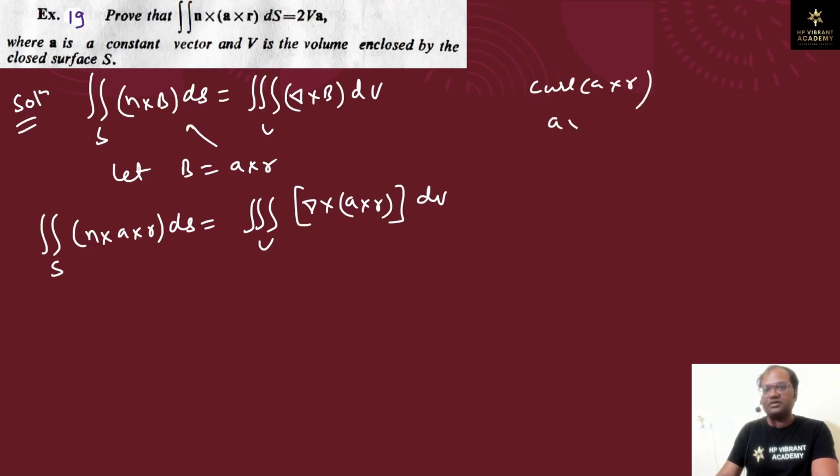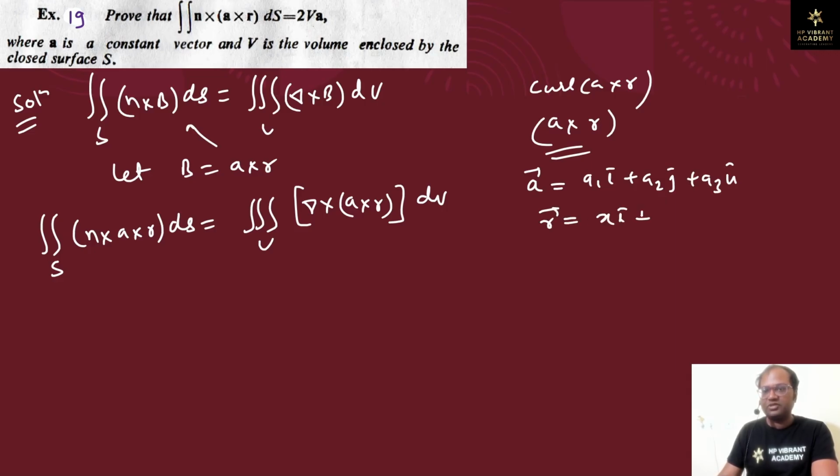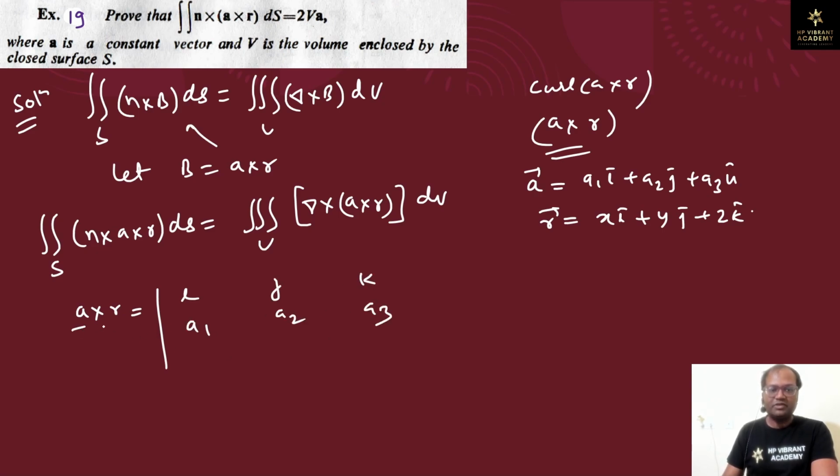Now let us find the curl of a cross r. So first find a cross r. Let us consider the a vector as a1 i cap plus a2 j cap plus a3 k cap, and the r vector as x i cap plus y j cap plus z k cap. So a cross r vector is the determinant of i, j, k, with a1, a2, a3, the components of the a vector, and x, y, z, the components of the r vector.